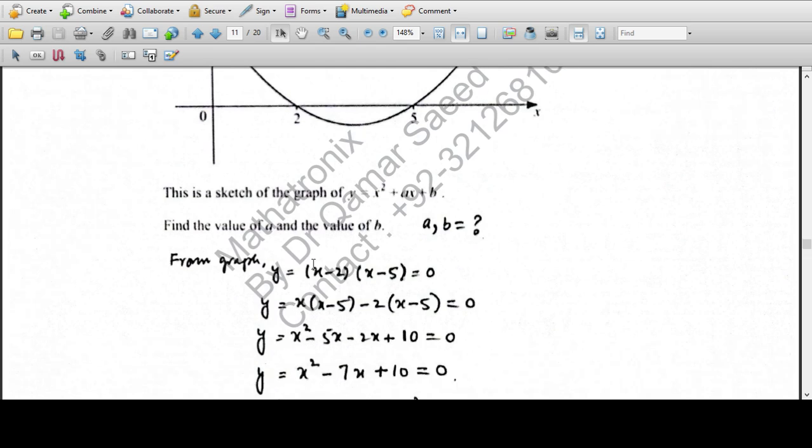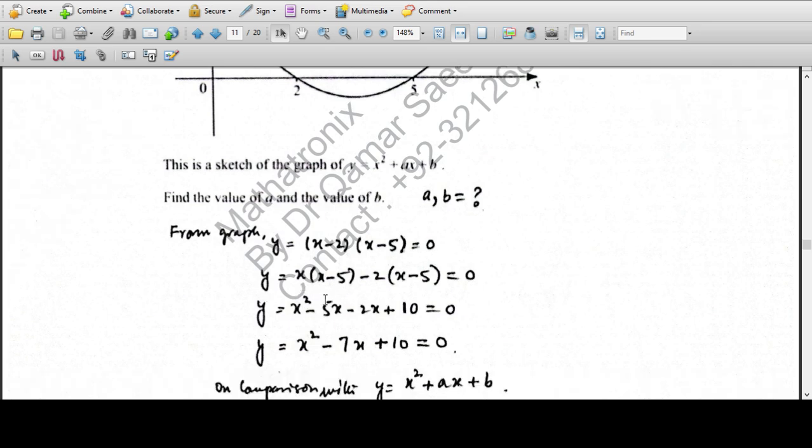So y is equal to x minus 2 times x minus 5. Opening it, y is equal to x square minus 5x minus 2x plus 10, so y is equal to x square minus 7x plus 10.